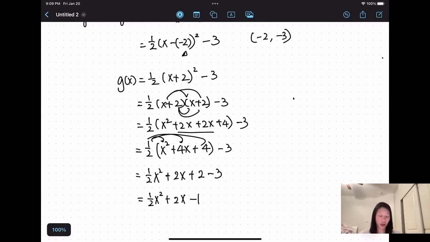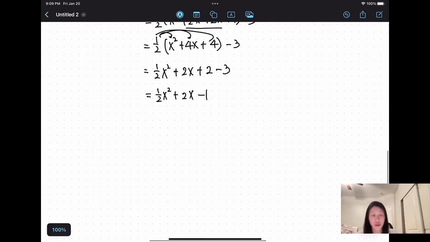Okay, so for every function in vertex form, we can do the same thing: just simplify it, and then we can attain the standard form. So what if I give you a function in standard form, which is f(x) equals ax squared plus bx plus c?